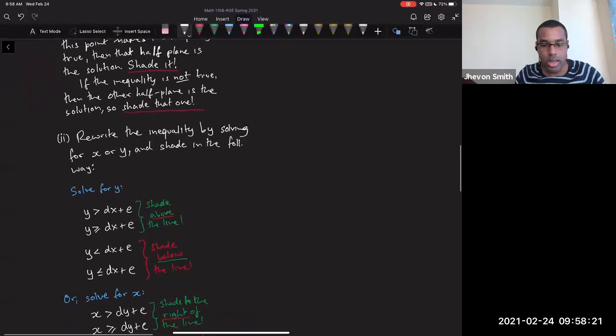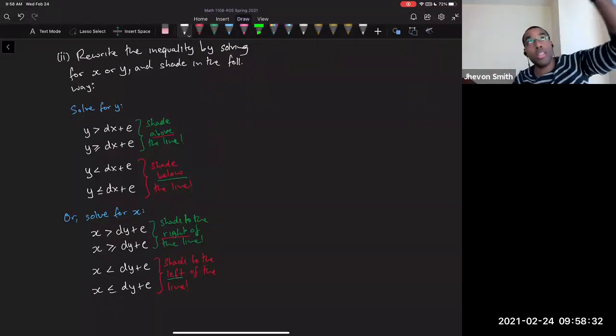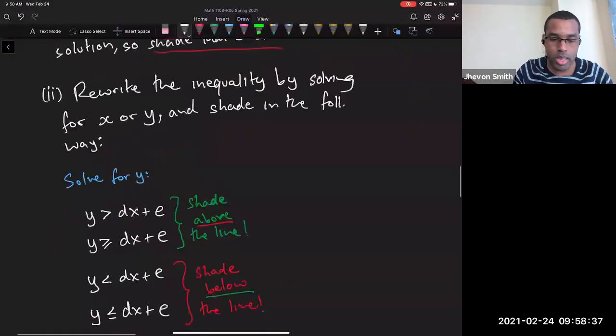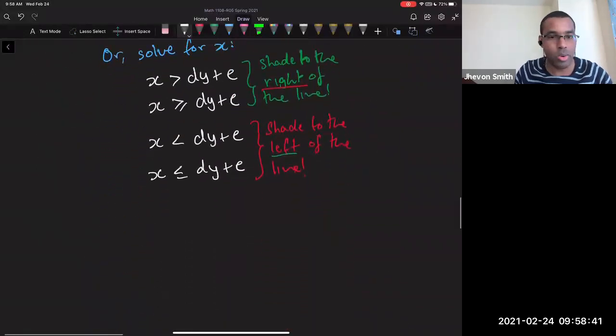So yeah. Otherwise, if you're not the plugin type, you can solve for Y or X, and based on how it looks, you'll know, oh, I'm shading to the right, or to the left, or on top, or on bottom, and you can know that way. So either way is fine. Just pick the one you like best and always do that.